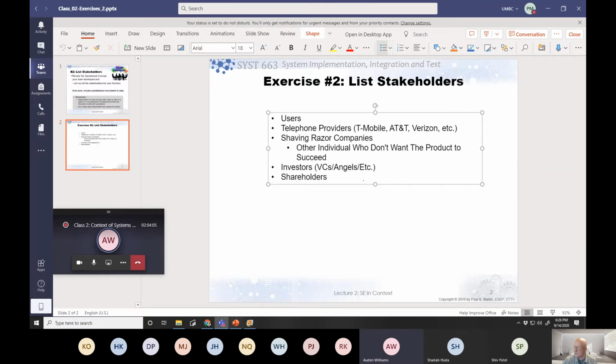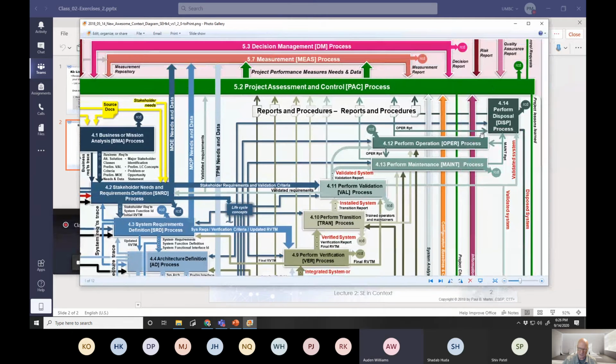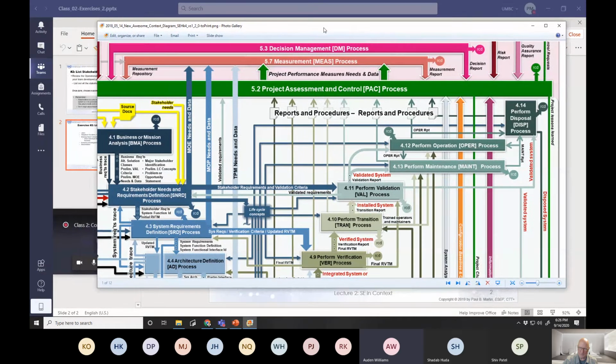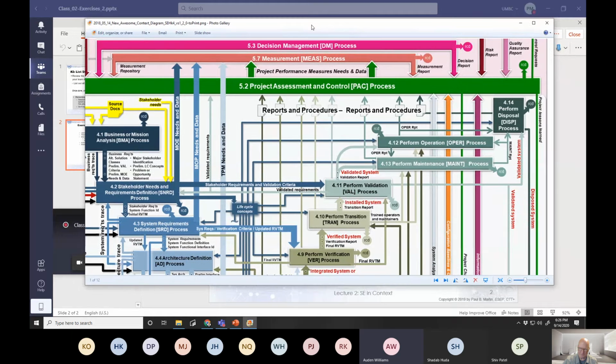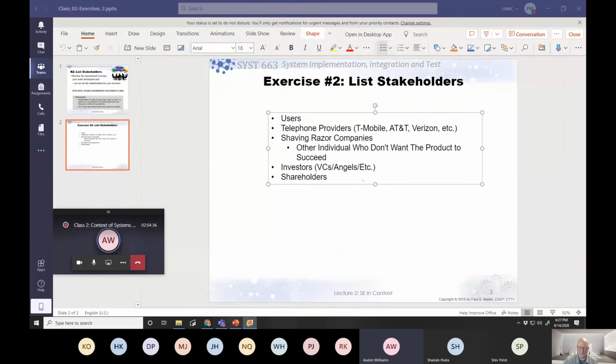What about this part of the life cycle? You see what that says? 4.1.4, disposal. Would your landfill be a stakeholder? I guess it would only go into disposal if the phone was being disposed of.